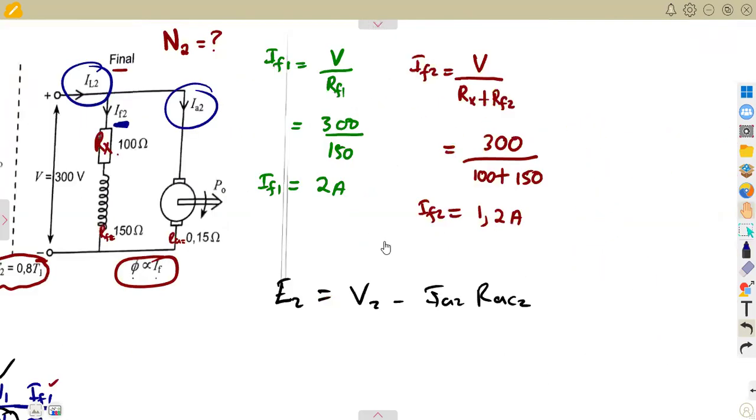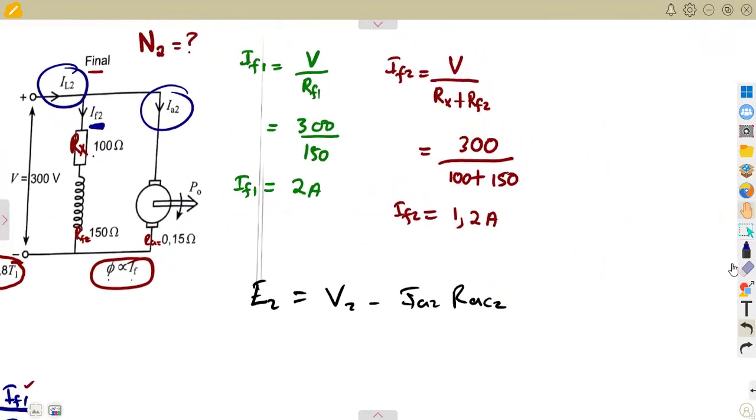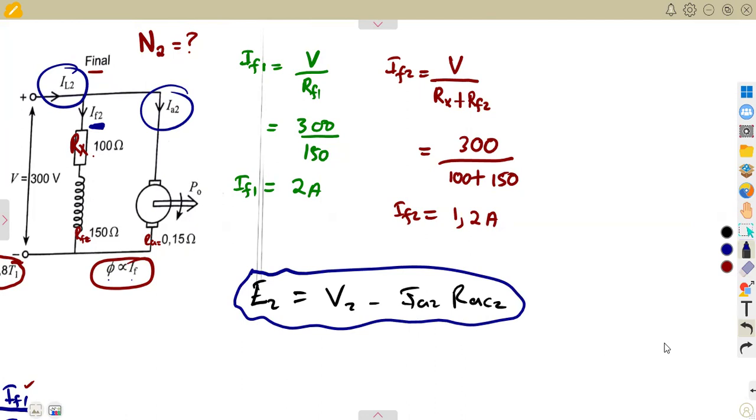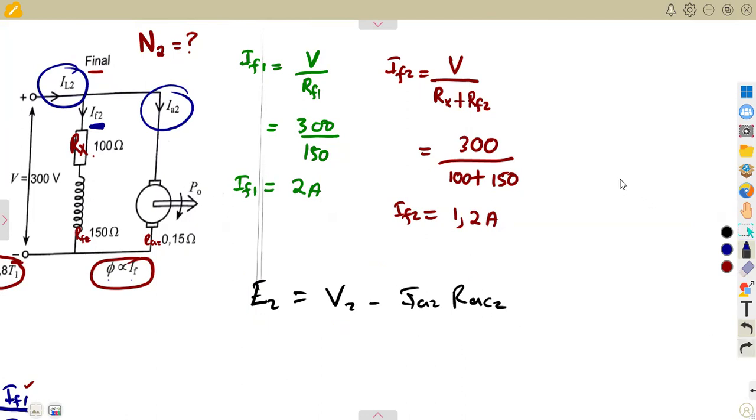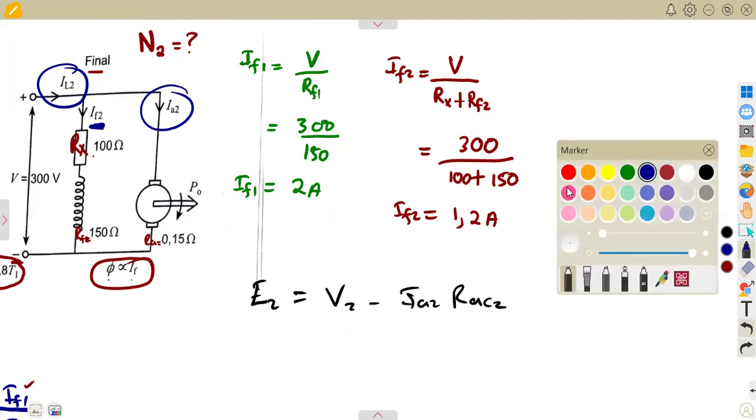That is where we have to opt for another formula. So this doesn't mean that this formula does not work. No, it does work, but we are limited just to calculate the armature current. All right, so let me not remove this. I want you to be careful, guys.